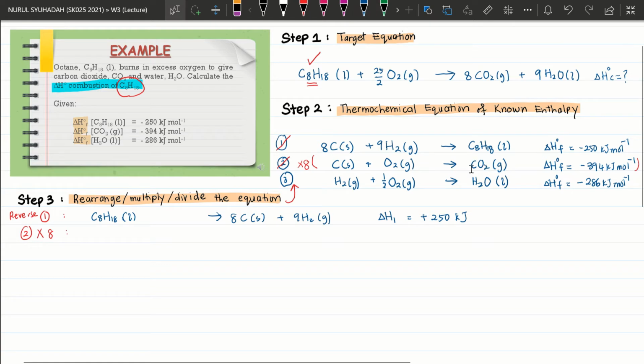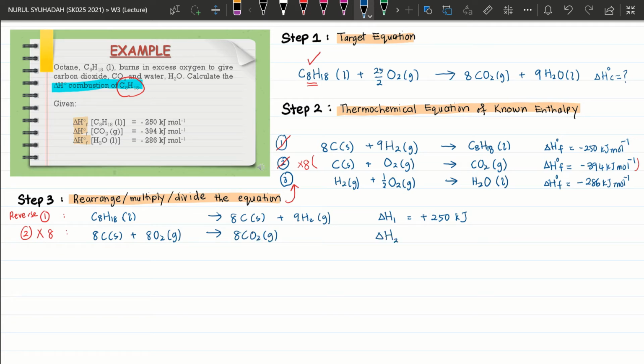Since we did not change anything about the position, just the magnitude, now we will have 8 carbon plus 8 oxygen, making sure of all the phases, and then 8 carbon dioxide gas, and we put delta H2. The value over here, negative 394, is for 1 mole. Right now we have 8 moles, so 8 times negative 394.